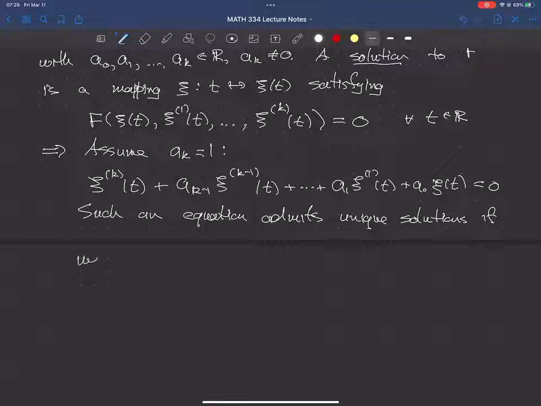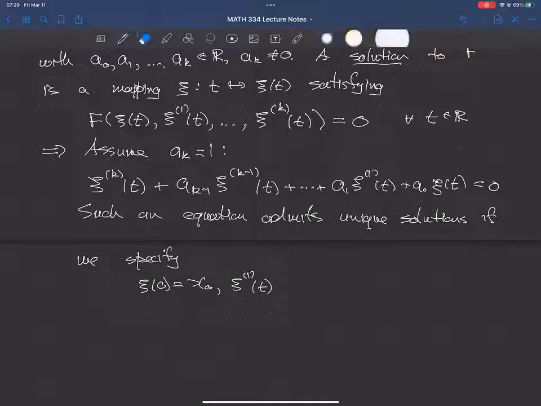So if we specify c of t0 equals, let's say, x0, okay? So this is now just a scalar constant, okay? c1, the first derivative of c with respect to t. Sorry, I got this all mixed up now.